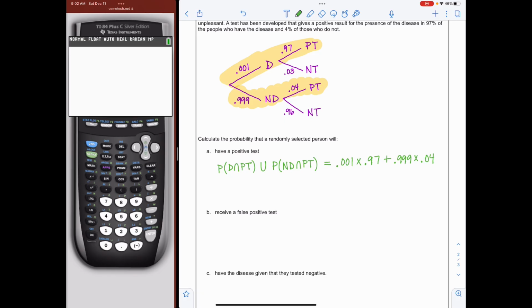So when I put that in the calculator, I end up getting 0.04093, which is approximately, in 3 sig fig, 0.0409, which is approximately 40.9%.